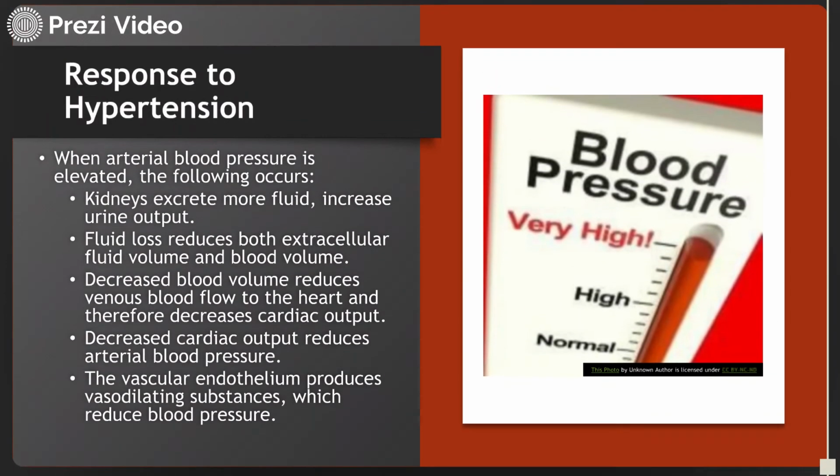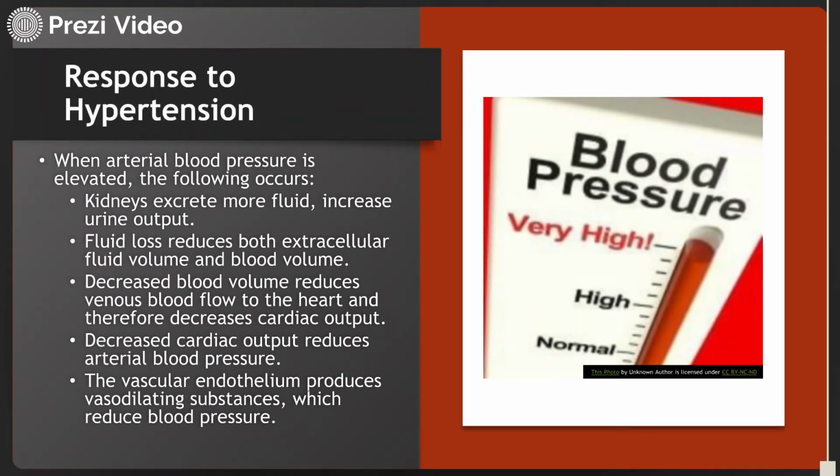When you have hypertension, your kidneys start trying to excrete more fluids, so hopefully you can put out more urine, and then hopefully that will bring your blood pressure down. Fluid loss reduces both extracellular fluid and blood volume. Decreased blood volume reduces venous flow to the heart, and therefore decreases your cardiac output.